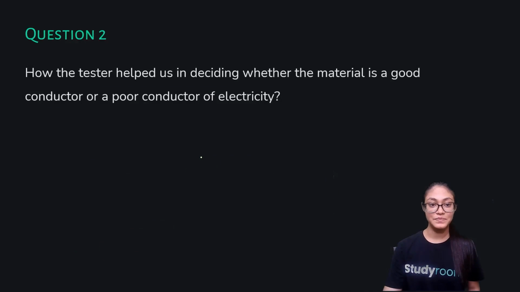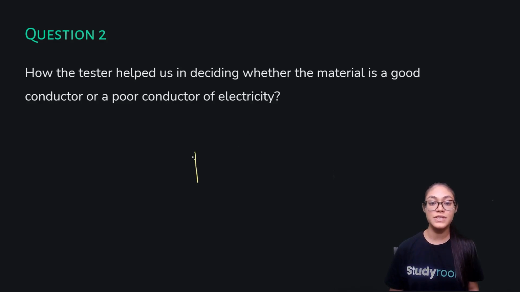Let's move on. Now, how did the tester help us in deciding whether a material is a good conductor or a poor conductor of electricity? In your lower classes, you must have built a tester. So, how was that tester able to decide if a material is a good conductor or a poor conductor? Can you recall it?